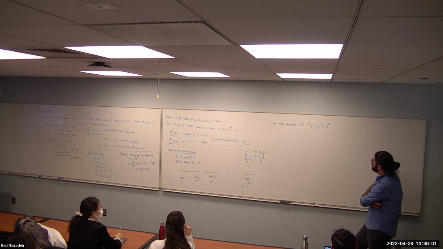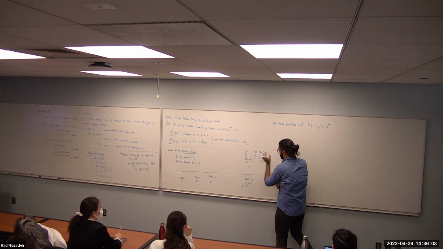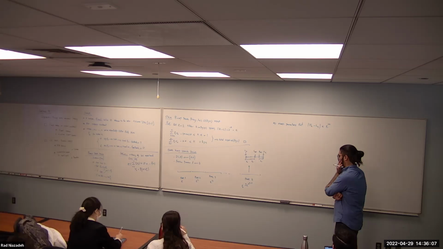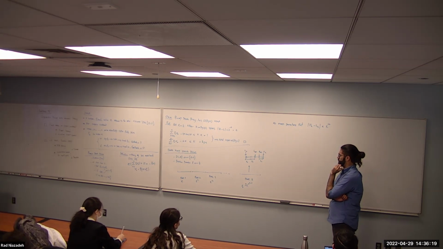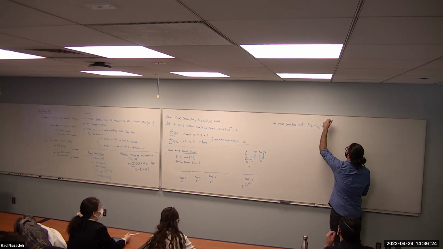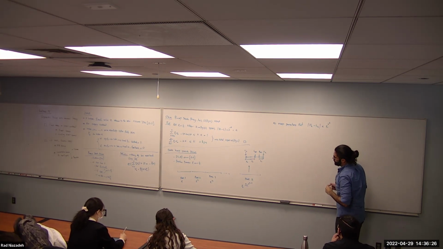So if this is epsilon to the power 2 to the k, how many of these subintervals am I going to have? 1 over epsilon to the power 2 to the k minus 1.